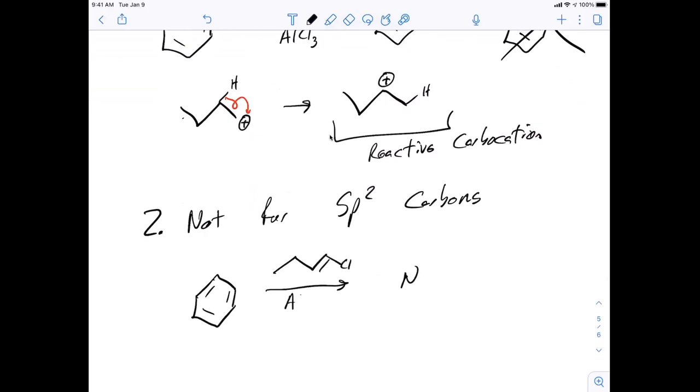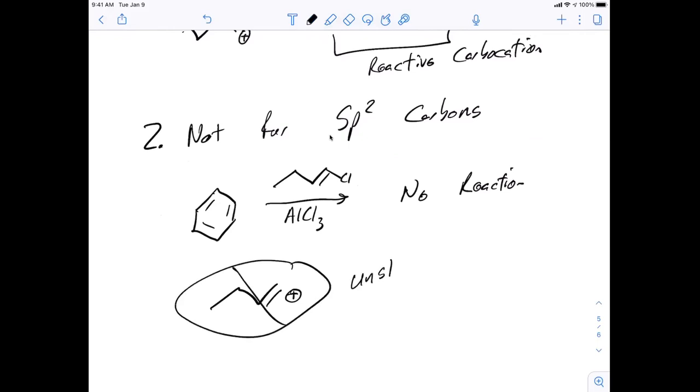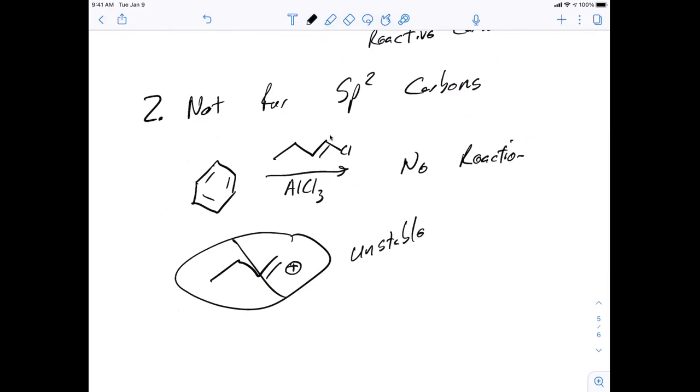So if I try this with AlCl3, I get no reaction, because to do that, I would have had to form this carbocation. And this is a very unstable carbocation, that sp2 carbocation, not an allylic, not benzylic, but the actual carbocation on the sp2 carbon is unstable. So that's why I get no reaction.